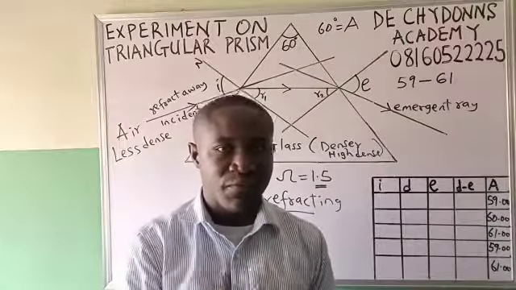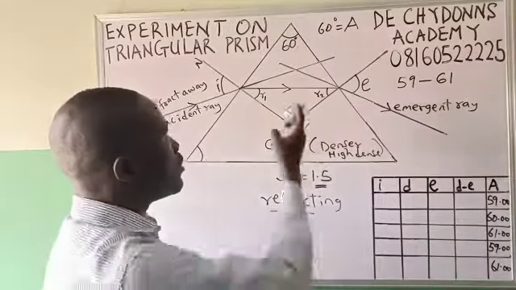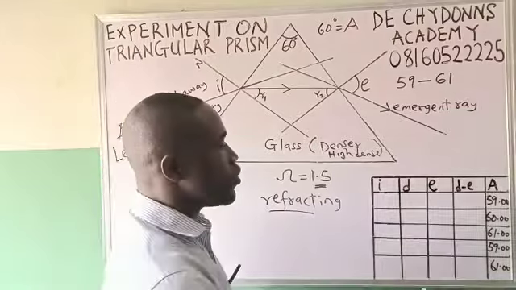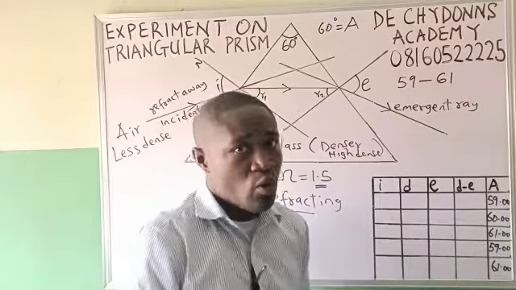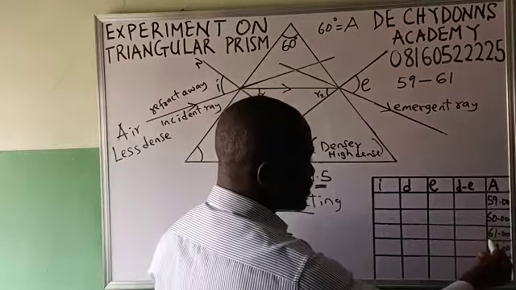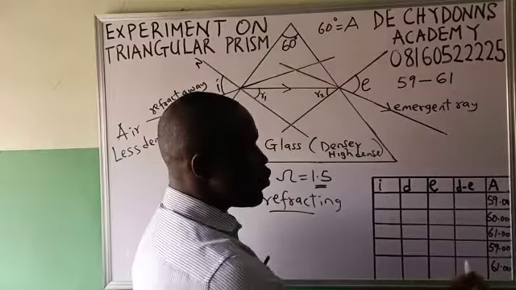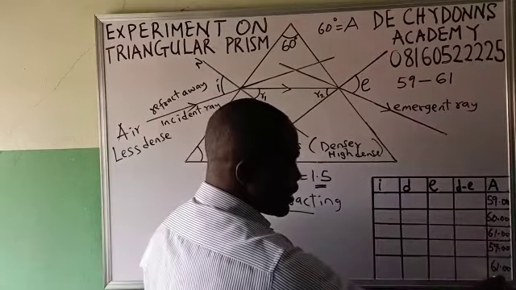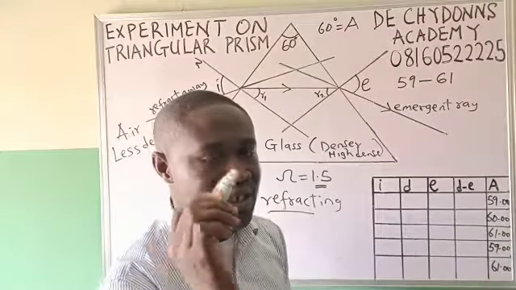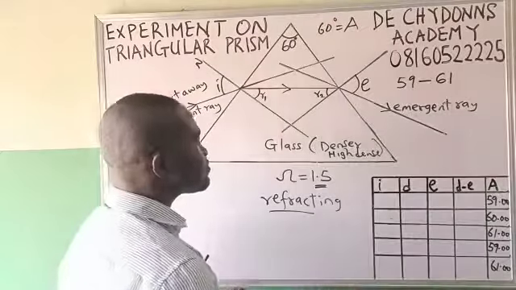Some persons can get 59, some 60, some 61, depending on the triangular prism given to them. Because we don't want to touch the equipment, we write 59, 60, 61, 59, 61. That means when I add everything and divide it by 5, it will be giving me 60 degrees. We note that.